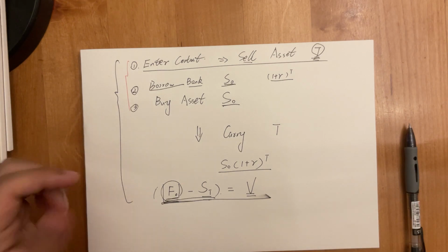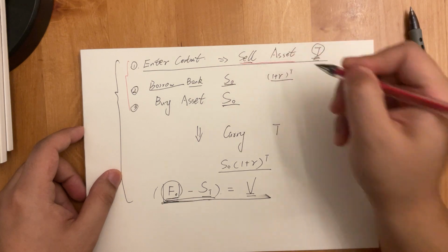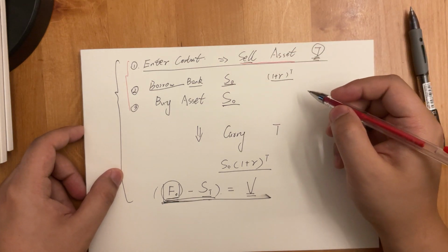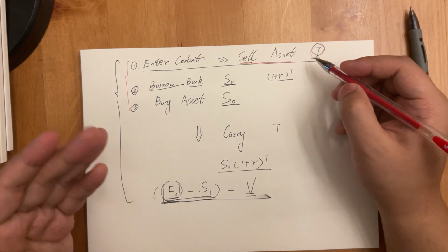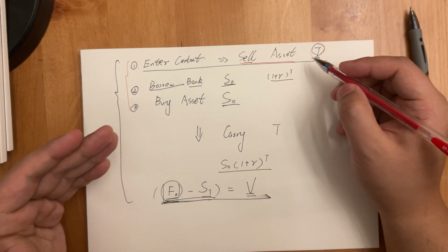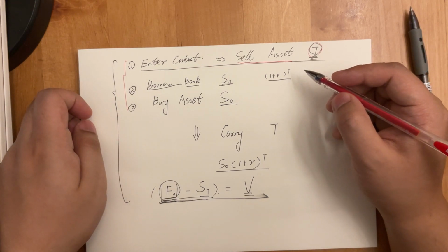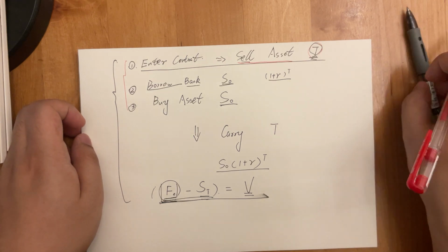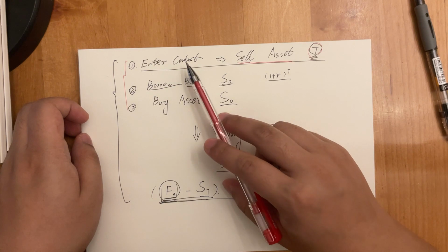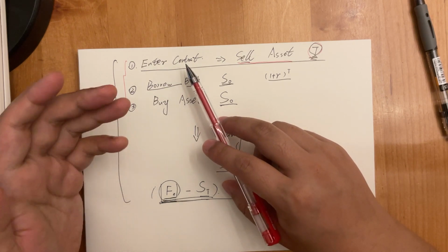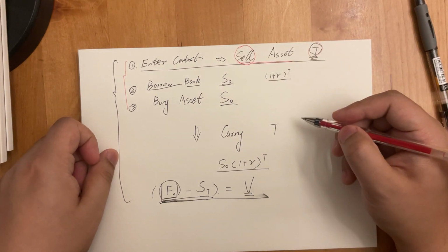Pretty simple. If you enter into a contract, say the contract is to sell a specific underlying asset at a specific time t, that means essentially you are shorting a forward contract. That's how finance is worded. It's a little bit strange because essentially you own the right, it's kind of like a long. But in finance, we say short because essentially we are going to sell the asset.